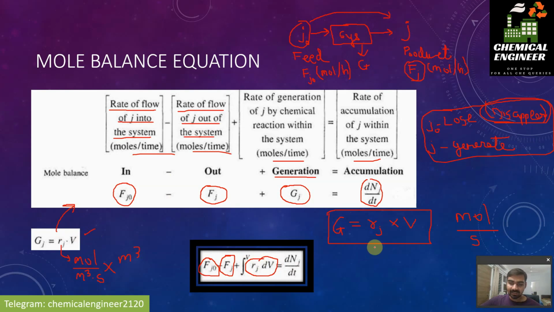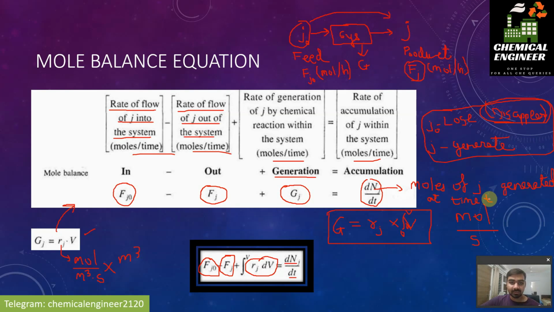Here what we can do is integrate this volume from 0 to V, and we can write d of V. The same thing is equal to dN by dt, where N is nothing but the moles of J, moles of J generated, or moles of J at time t. Okay, clear? So this is our mole balance equation.